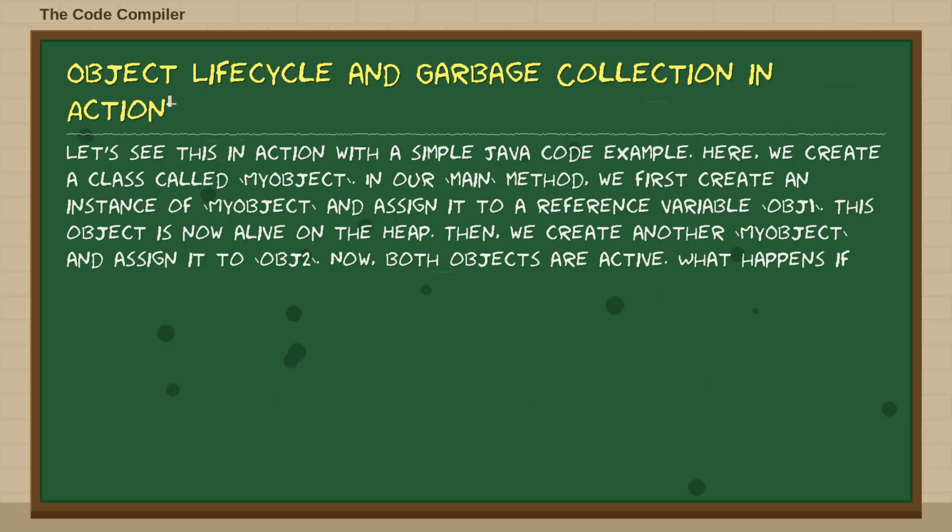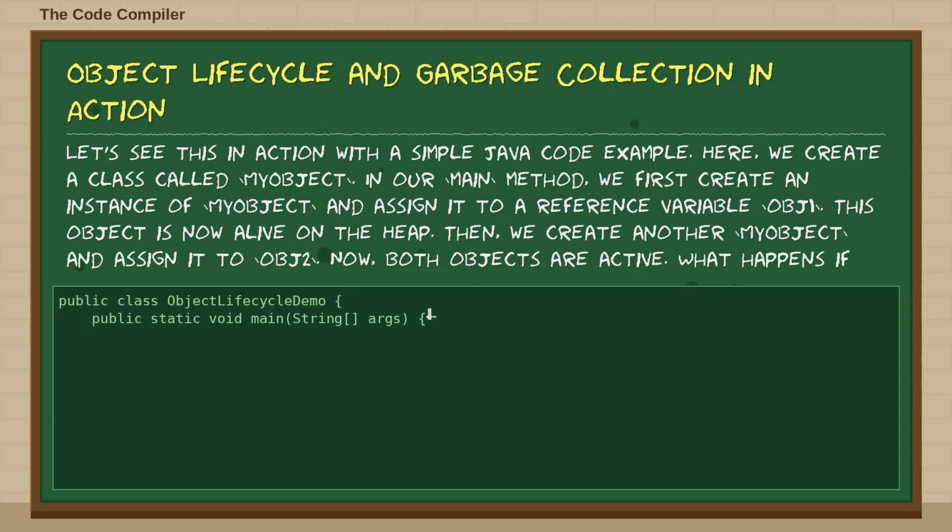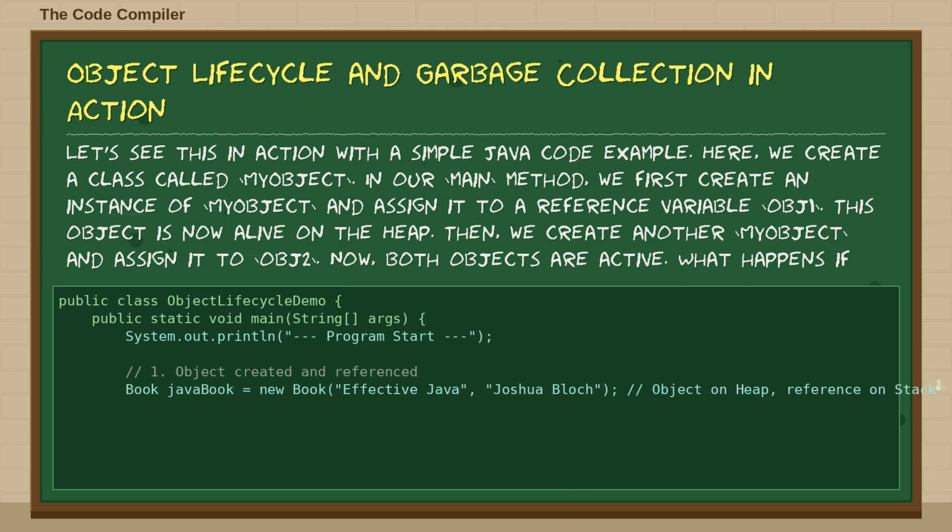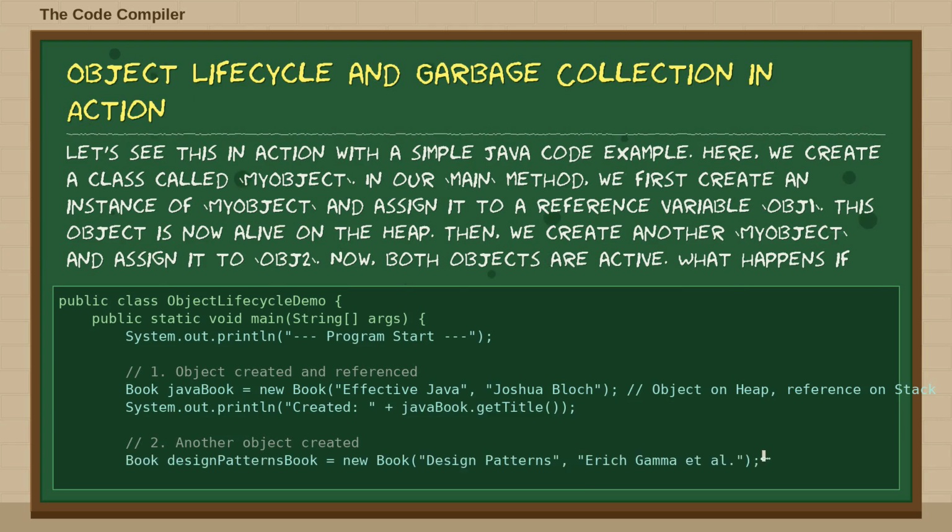We can explicitly suggest to the garbage collector that it might be a good time to run using System.gc(), but remember, this is just a suggestion. Java decides when to actually run it. This shows the entire life cycle: creation, use, and then becoming eligible for cleanup.